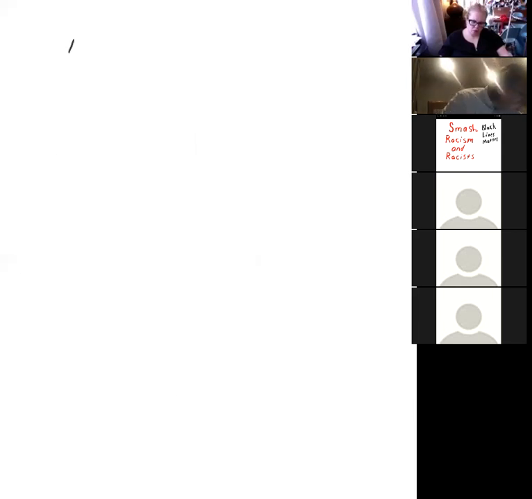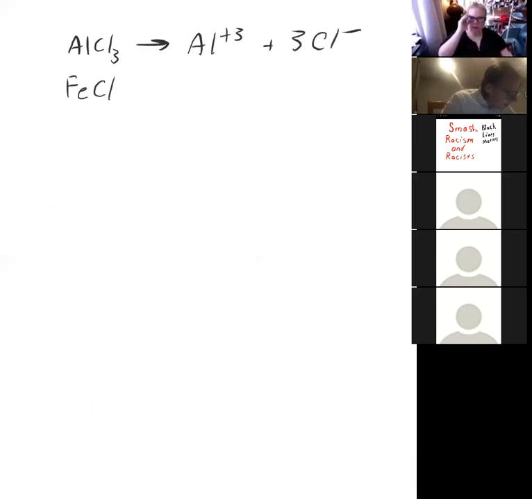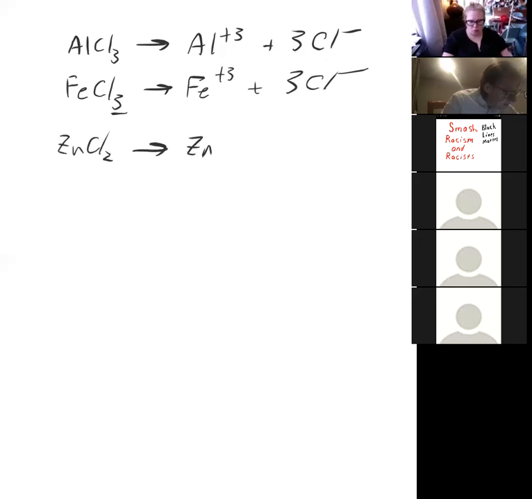So for example, aluminum chloride. That's going to break up into Al3+ and 3 chlorides. Iron chloride. That's going to break up into iron and 3 chlorides, separate ions. Zinc chloride. There's a 2 there, so you get 2 chloride. These are separate.